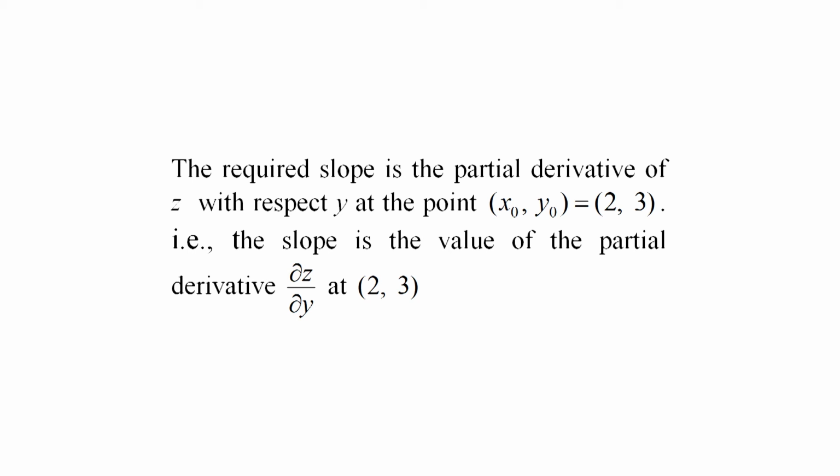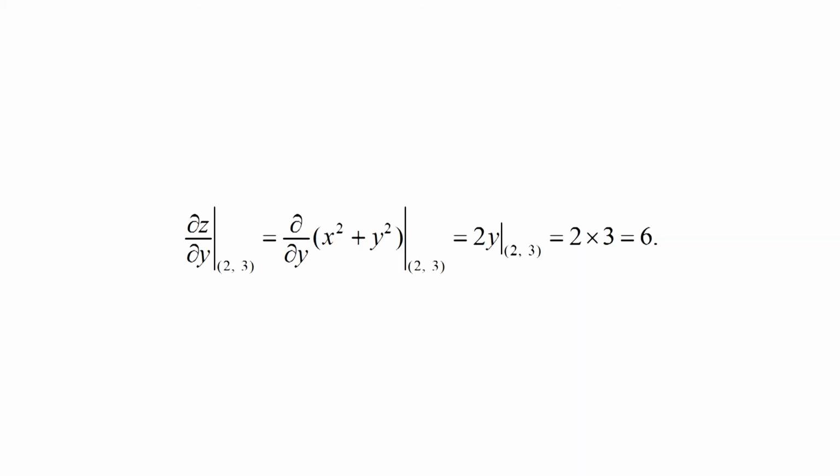That is, the slope is the value of the partial derivative ∂z/∂y at (2, 3), given by ∂/∂y of (x^2 + y^2) evaluated at (2, 3), which is 2y evaluated at (2, 3), which is 2 times 3, equal to 6.